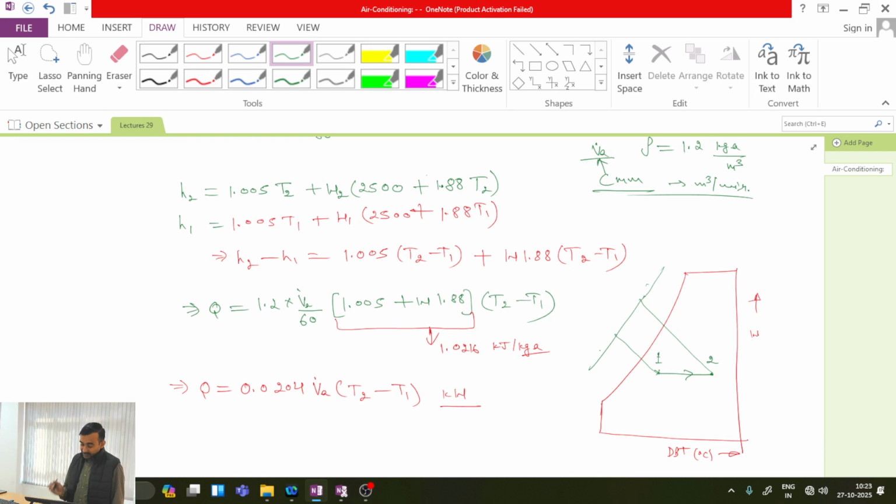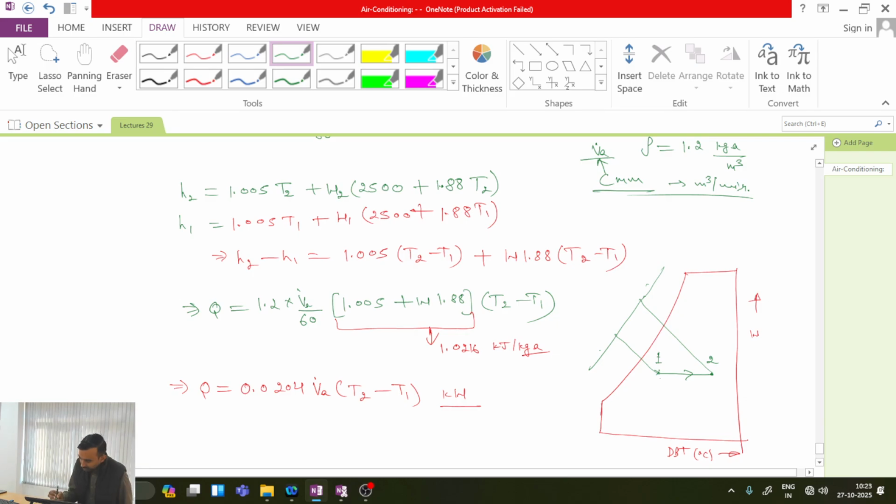Okay. In this process, because your humidity is the same, it means whatever the water vapor content is, that is the same. It means neither is there boiling or evaporation, nor is there condensation. So this process is purely a temperature change process.